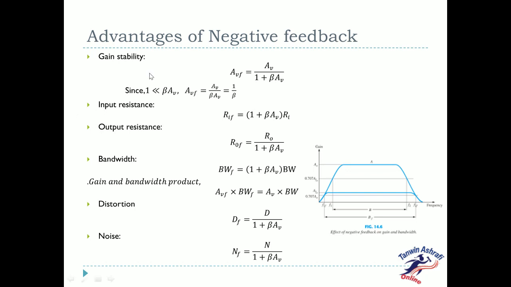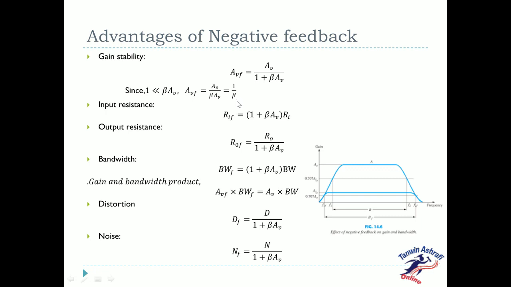First point, gain stability. With negative feedback, the gain is reduced by the factor 1 plus beta AV. If the product beta AV is very large compared to 1, then the gain reduces to 1 by beta. The overall gain of the feedback amplifier is determined only by the fraction beta from the feedback network.